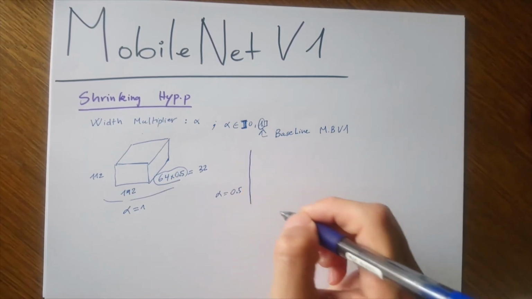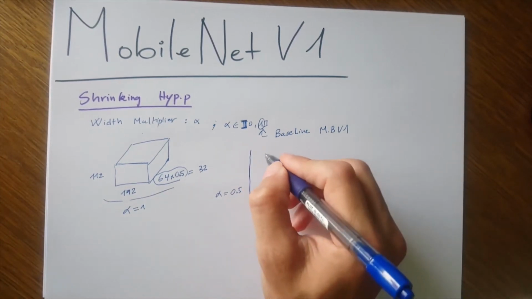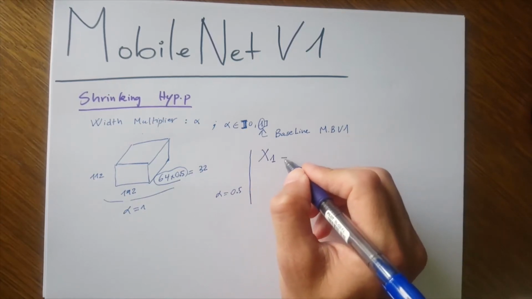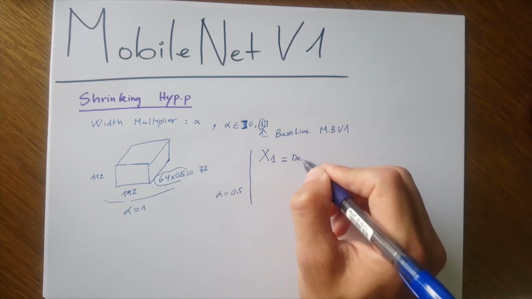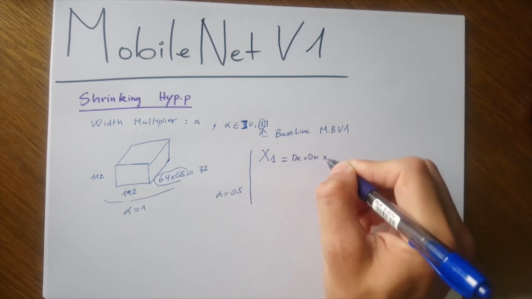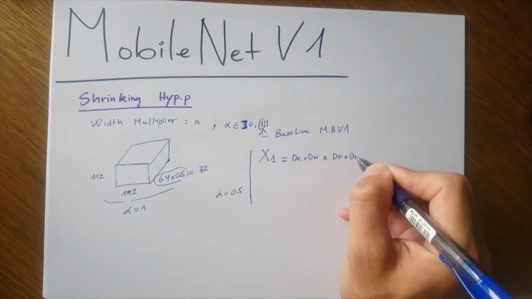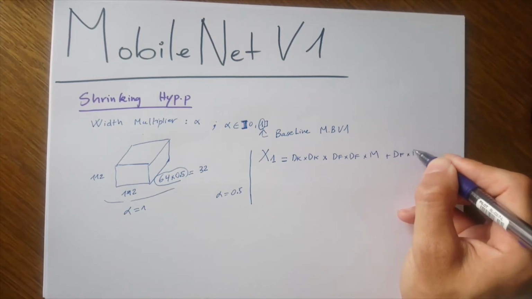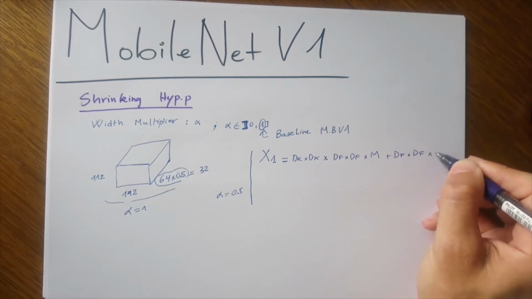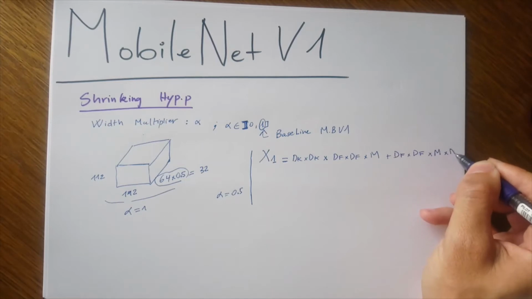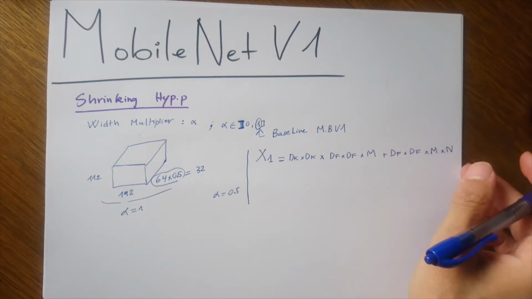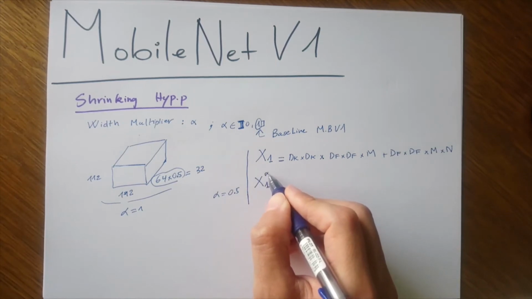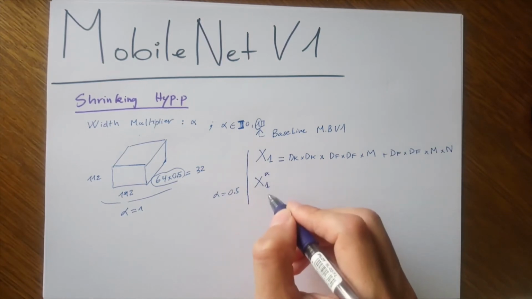So now, what is the computational cost? First of all, let me remind you of the previous computational cost of MobileNetV1. This was x1 equal dk times dk times df times df times m plus df times df times m times n. The new computational cost when we use alpha would be x alpha.